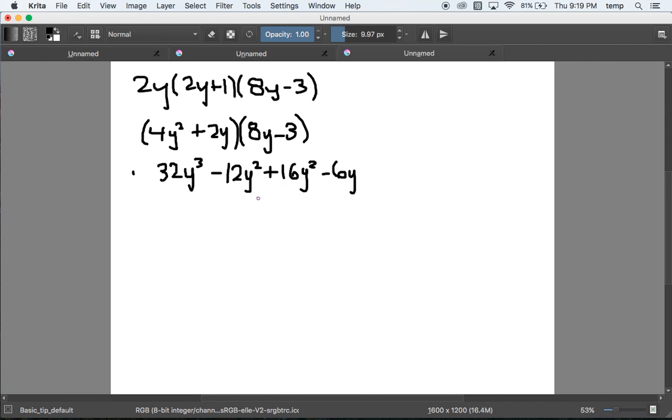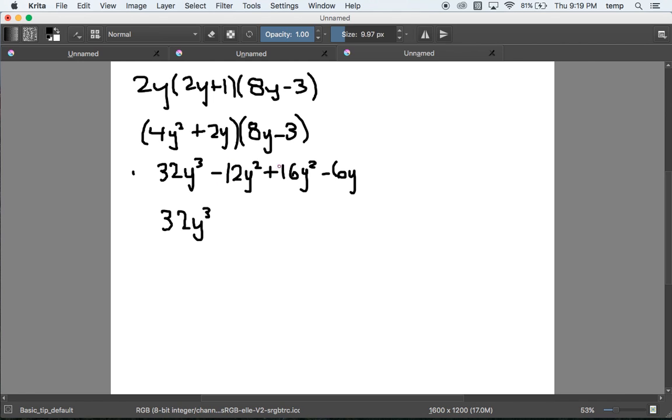So this is distributed, but we can combine like terms, right? So again, it has to be the exact same variable to the exact same power. So with y cubed, it's not a like term with anything else. We have a couple y squareds, so we can combine those, and we can't do anything with that last y term there. But we'll keep 32y cubed.